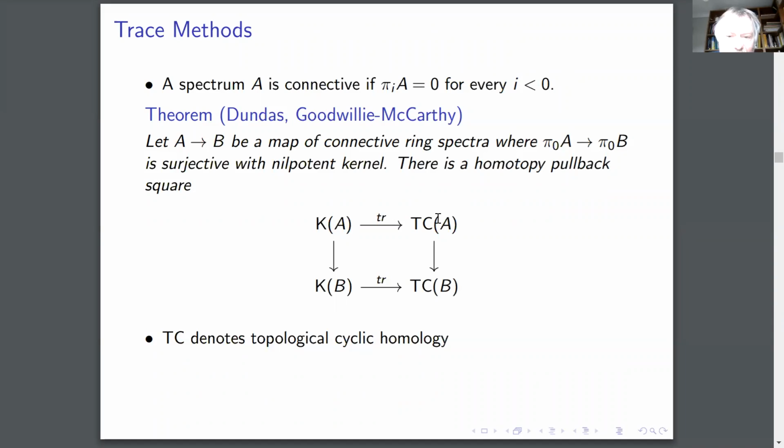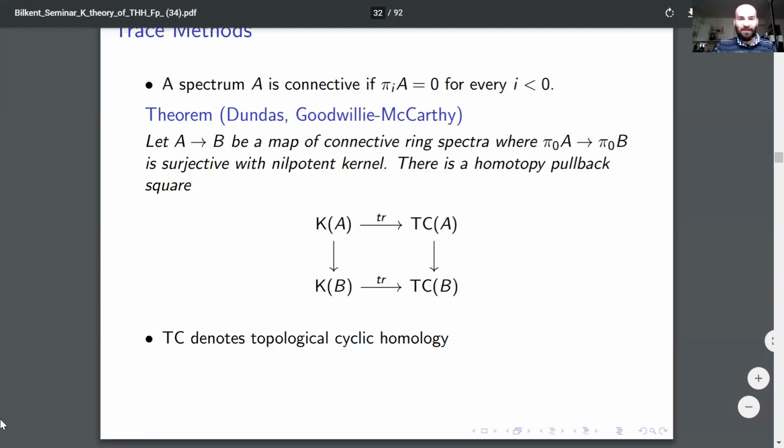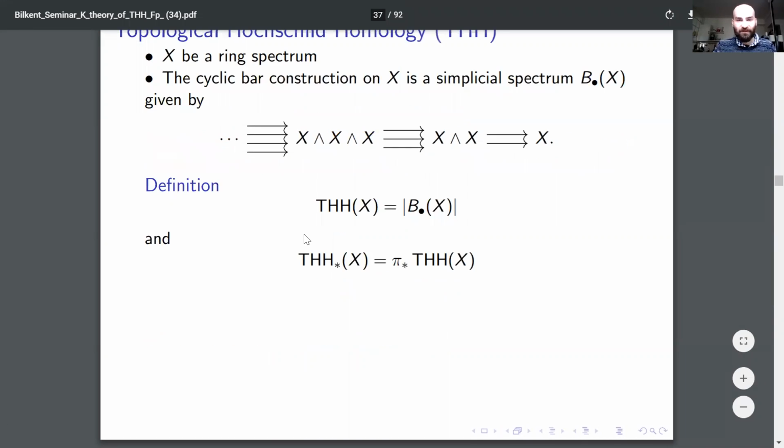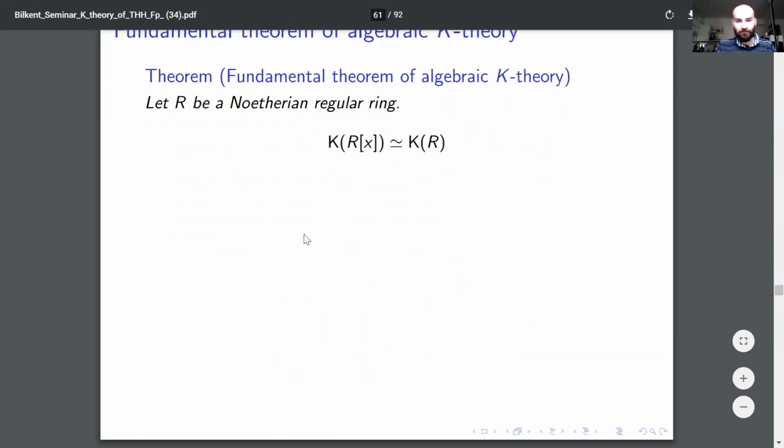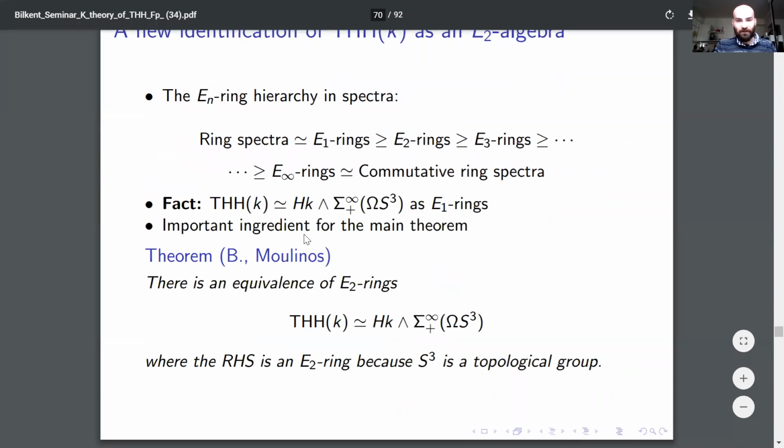Can I ask a question? In your abstract, you mention an E2 structure on THH of FP. Yes, that's also another thing that I couldn't get to. Okay, so it's this theorem. We show that THH of K is equivalent as an E2 ring to HK smash the infinite suspension of loops on S3.